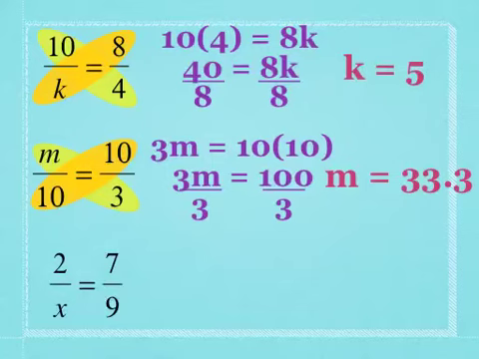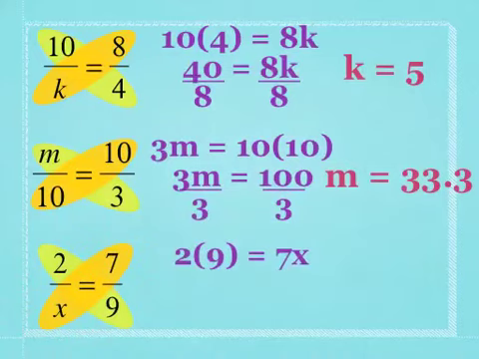In the next example, I'm going to solve for x by cross multiplying 2 times 9 and setting it equal to x times 7. So I have 2 times 9 equals 7x. Well, 2 times 9 is 18. Set it equal to 7x. Solve for x by dividing by 7 on both sides.